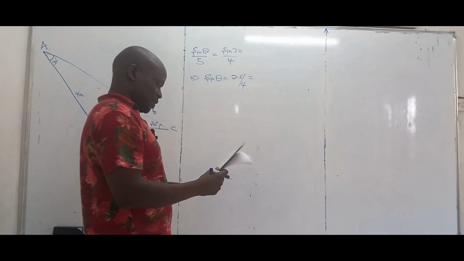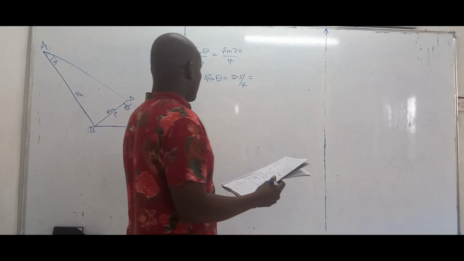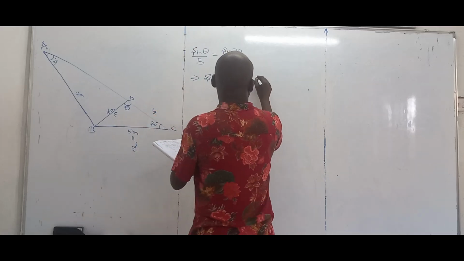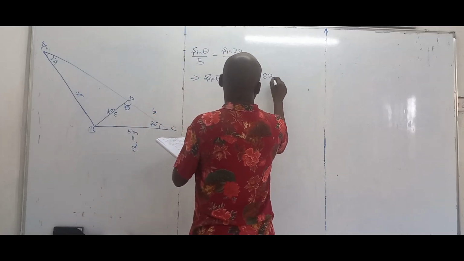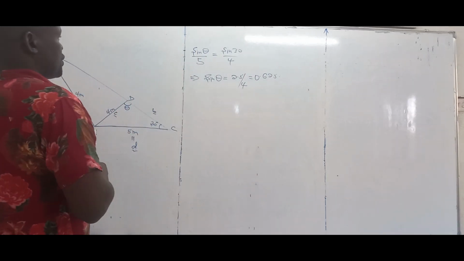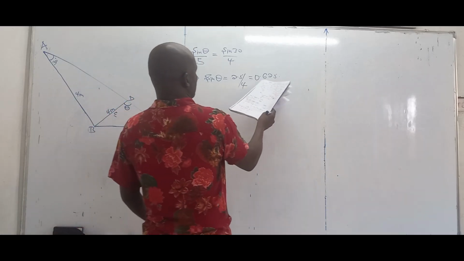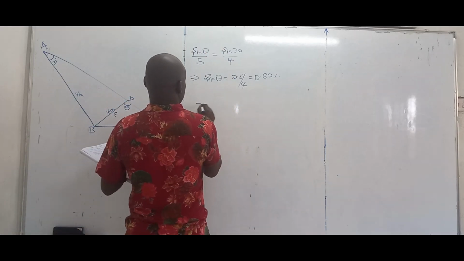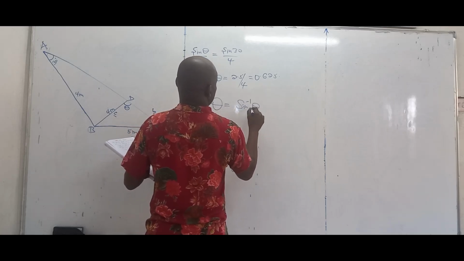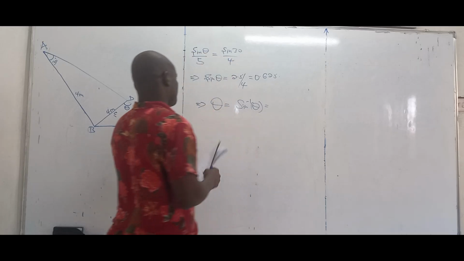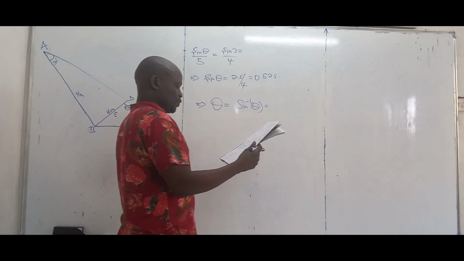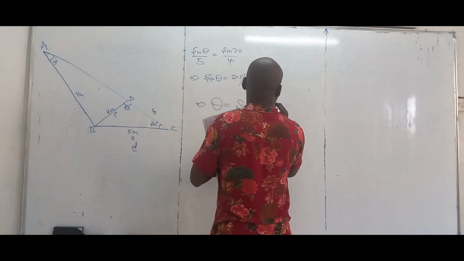Sin theta will be 2.5 over 4, which should be about 0.625. That is sin theta. So we need to read the sin inverse of this. Theta, which is the sin inverse of that, if you use your calculator, you should find to be about 38.68 degrees.